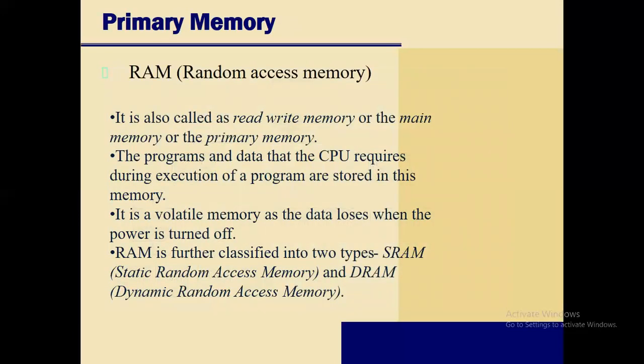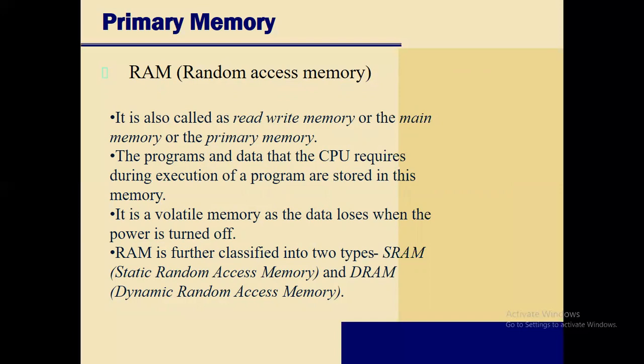In primary memory, as we have discussed, there are two major types: RAM and ROM. One is the RAM. RAM stands for random access memory. The program and data that the CPU requires during the execution of a program are stored in this memory. What does it mean? It means that when the operating system starts, or when we turn on the system, a copy of the operating system will reside in the RAM, and the CPU can directly access it from the RAM, and after that the CPU might access from the cache.